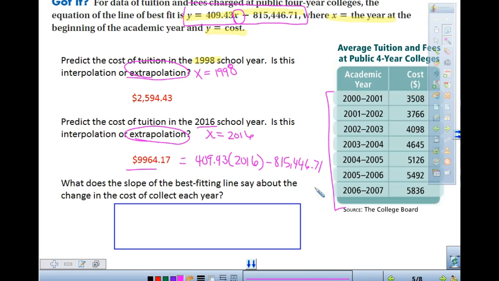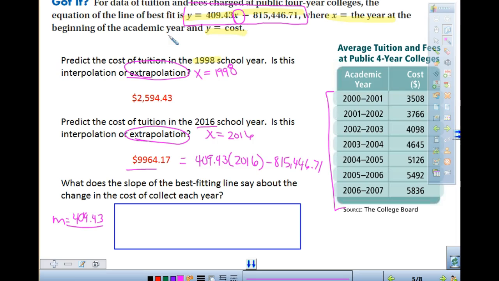So then the next question says, what does the slope of this best fitting line say about our change in the cost of tuition? So what is happening? Write it down, please, right now. What is that slope? And the slope is, right, 409.43. What is that telling you in terms of this situation? Write it down, don't say it.